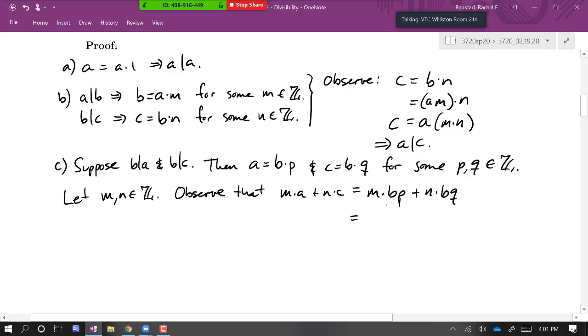Because we could factor out a B. So let's do it. So the linear combination MA plus NC is B times that integer, MP plus NQ. That means that B divides MA plus NC, as desired.